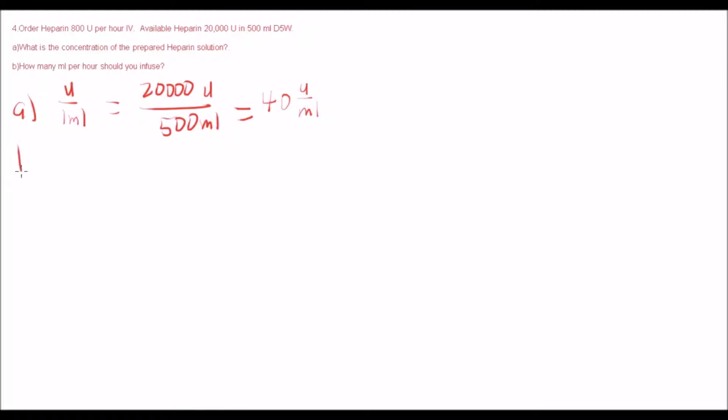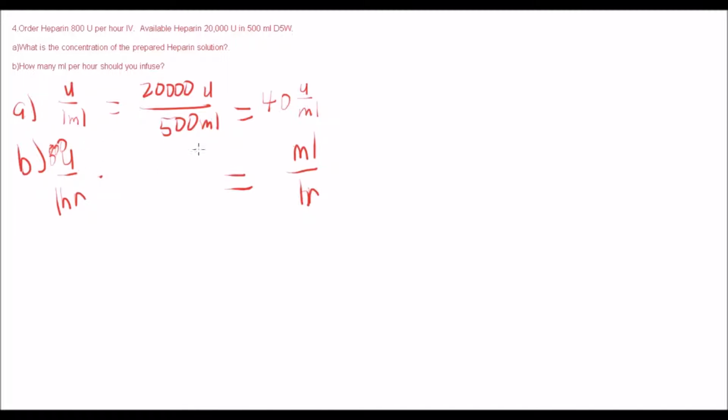All right, and now B is another one of our conversions. So we want to end up with milliliters per hour over here. It's asking us how many milliliters per hour. Now we have units per hour, so we can start with units per hour. We have 800 units per 1 hour.